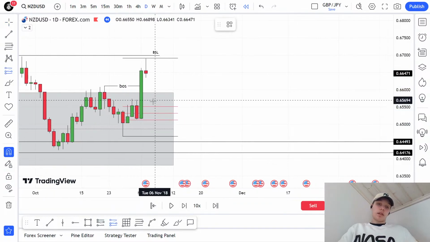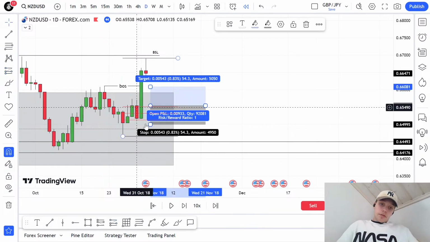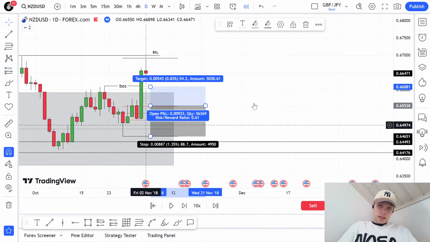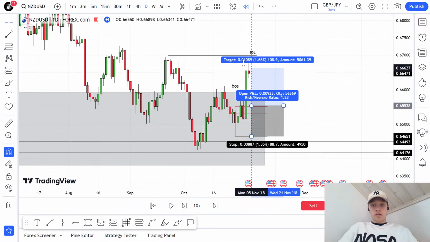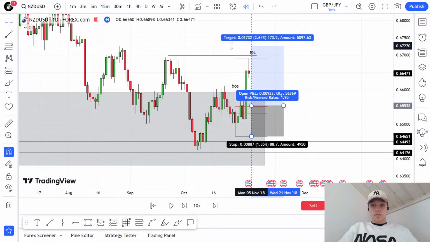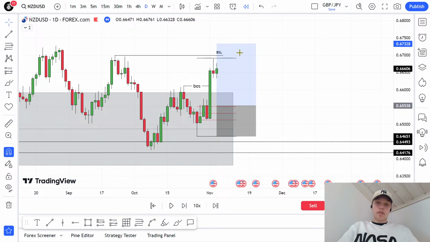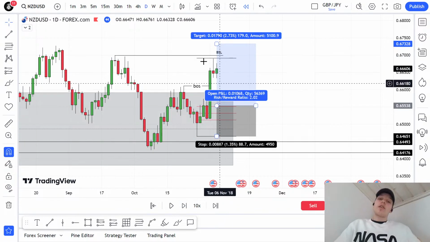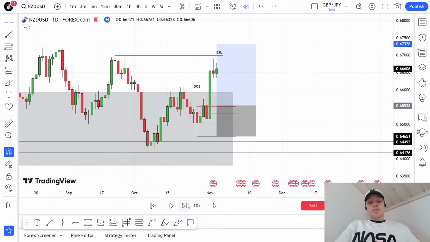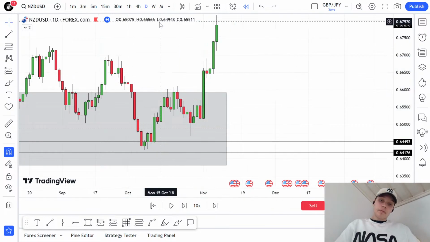I would just say that the entry is good from this order block body from here. This is a decent stop. Having your initial target just at 2R, I would be content with that. I think it's looking like we are sweeping these levels before I'm able to get in, and that's exactly what happened.